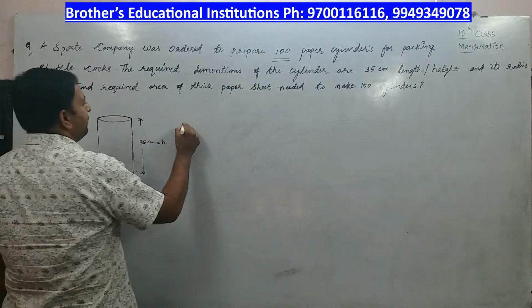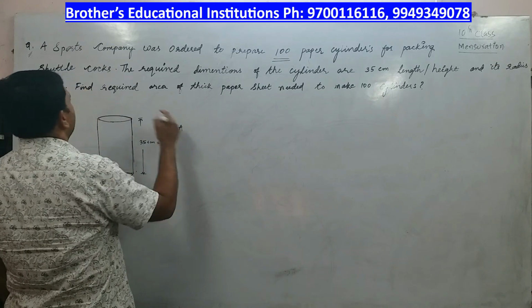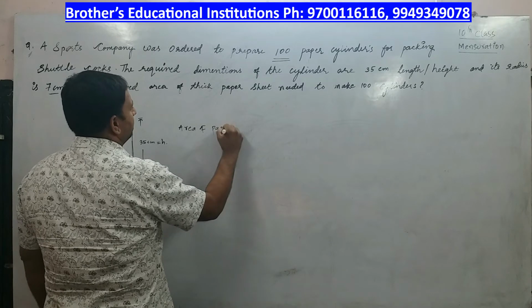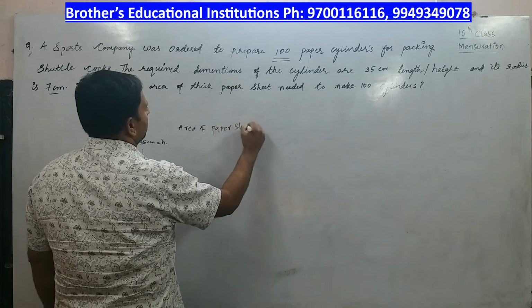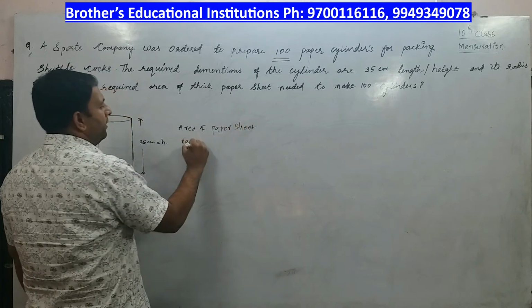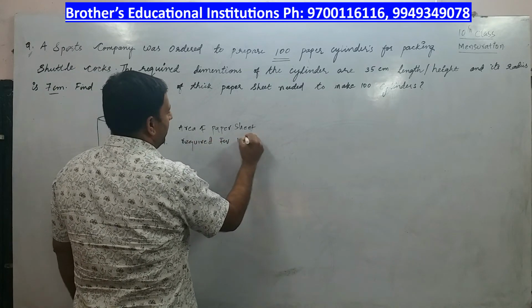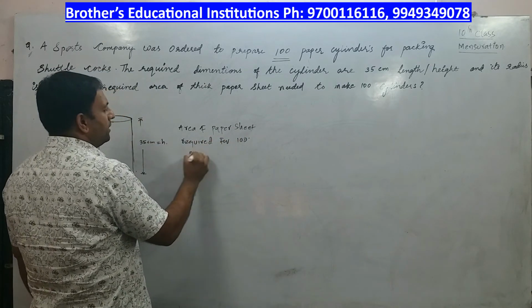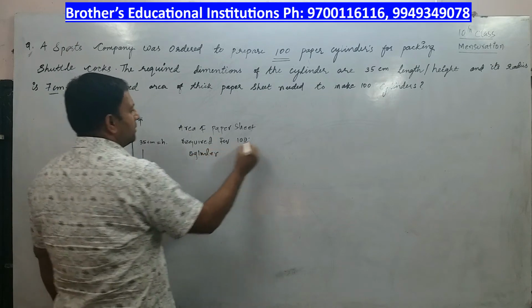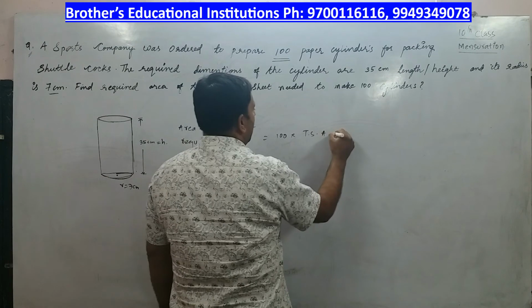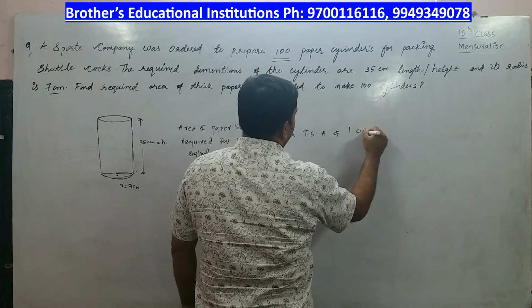I will say the area of paper sheet required for 100 cylinders is equal to 100 into the total surface area of one cylinder.